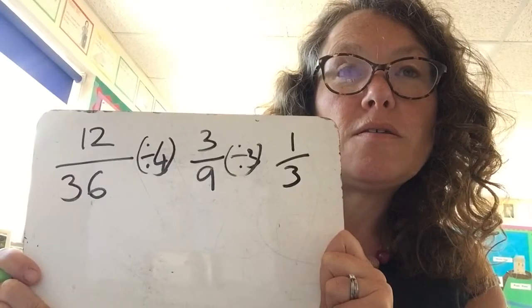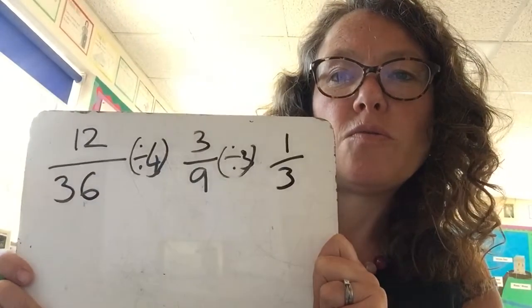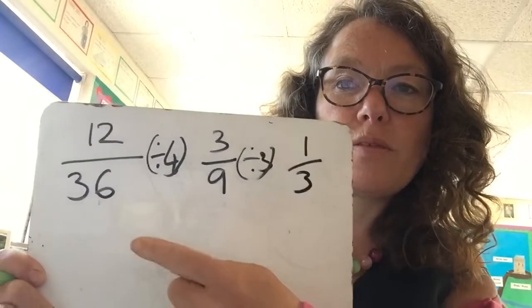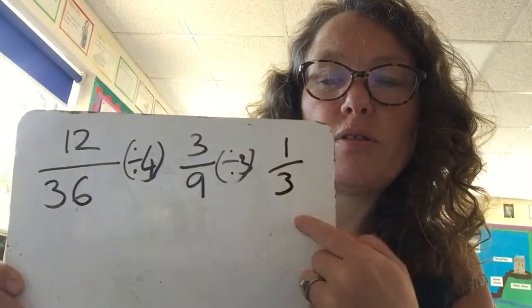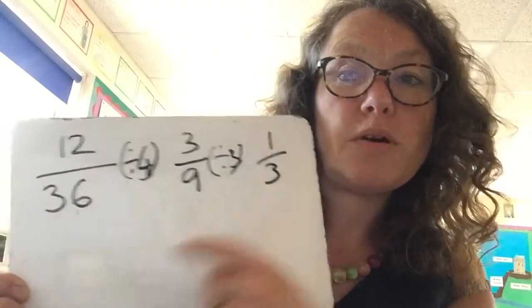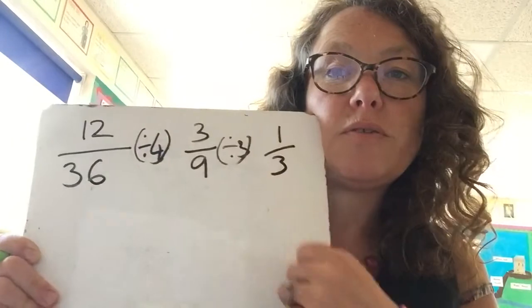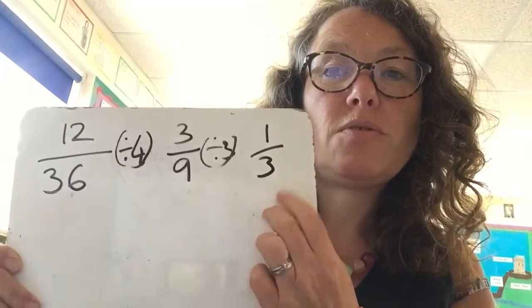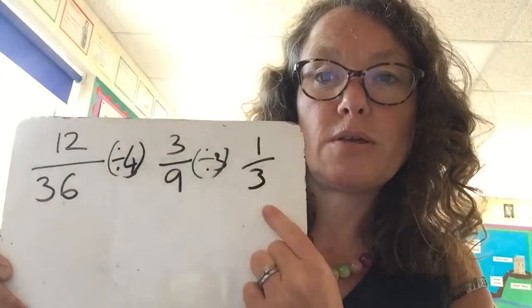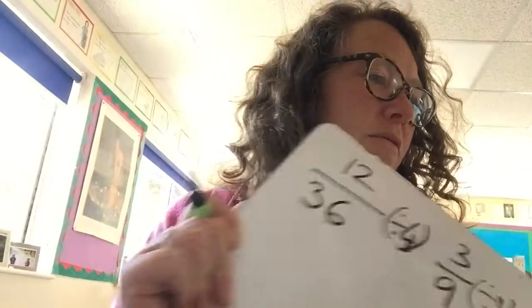So you can keep simplifying until you can go no more. You could have one stage, or it could go 3 or 4 stages. If you choose the biggest common factor to divide by to start with, you should end up with your simplest number more quickly. I hope that has helped you.